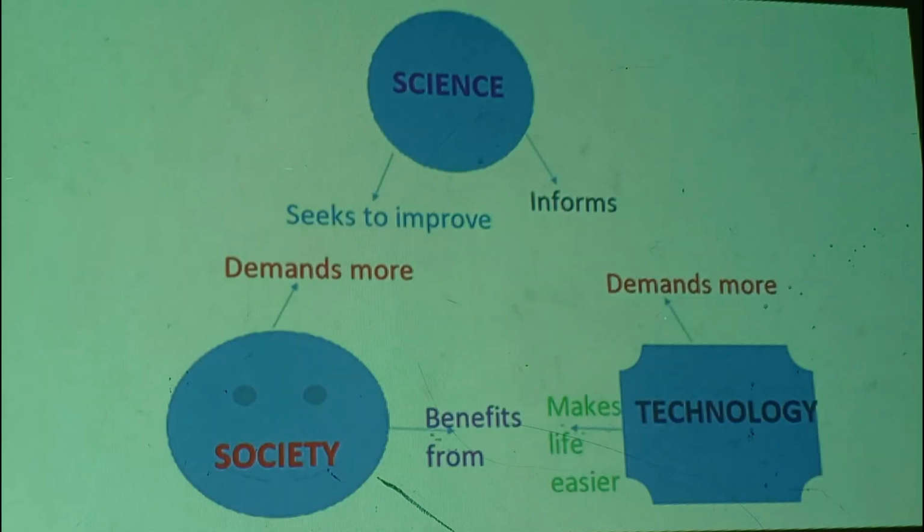Now, let us unite these three terms. We have said science. Biology, chemistry, and physics are the three major basic natural sciences. Science is a systematized way of getting knowledge through observation and experimentation. We observe nature and natural phenomena.